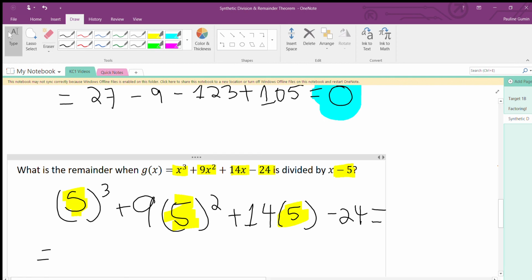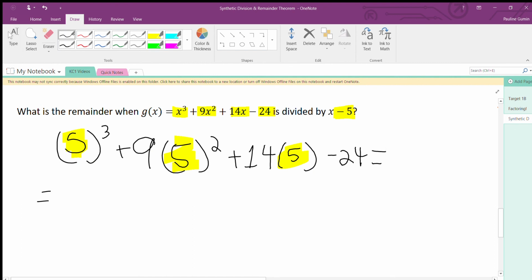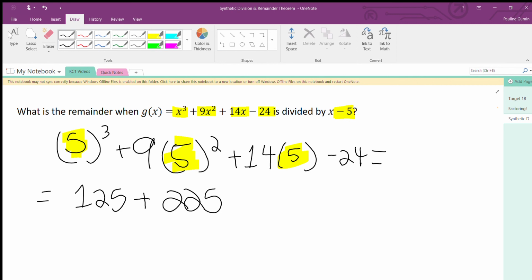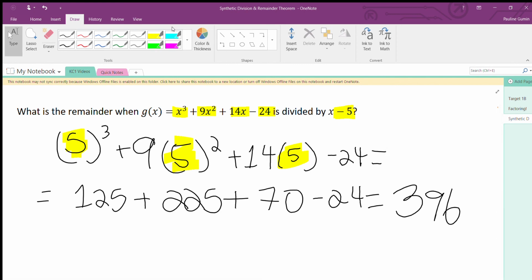Okay, let's simplify just a tiny bit. 125. 5 squared is 25 times 9 is 225, plus 70 minus 24. Let's put that into our calculator, and I get 396. Okie dokie. That is a large number. That is our remainder.